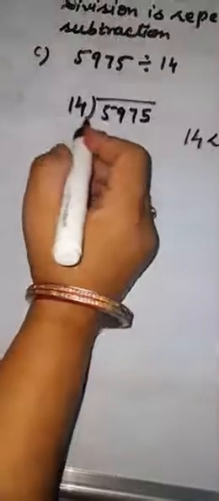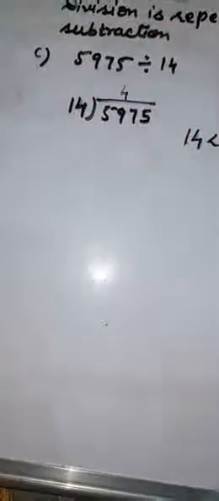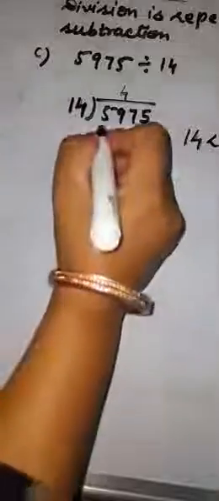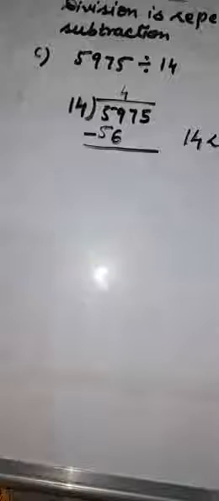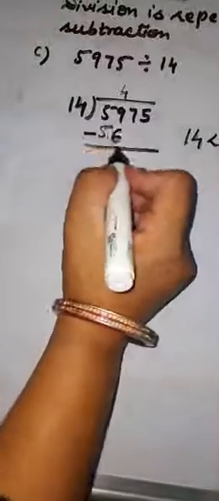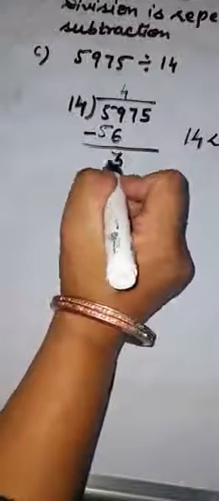You know, 14 fours are 56. Fine. So we just subtract it. 9 minus 6, we have 3. And 5 minus 5, 0.